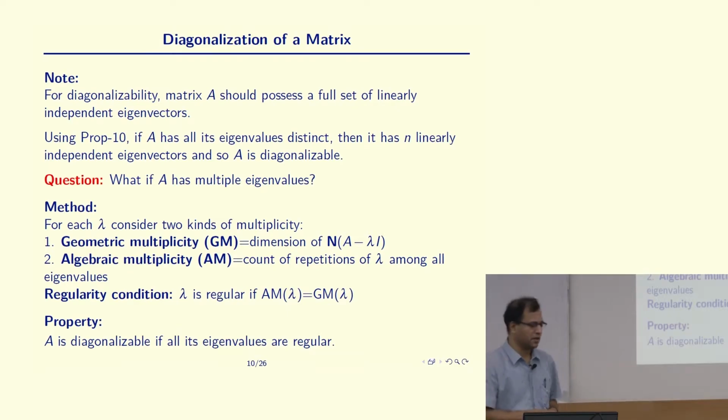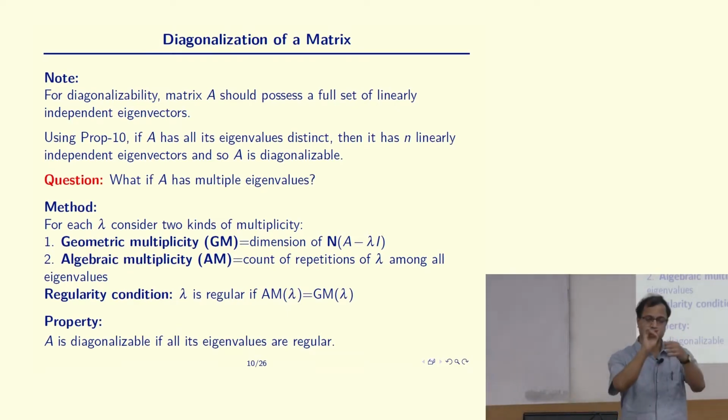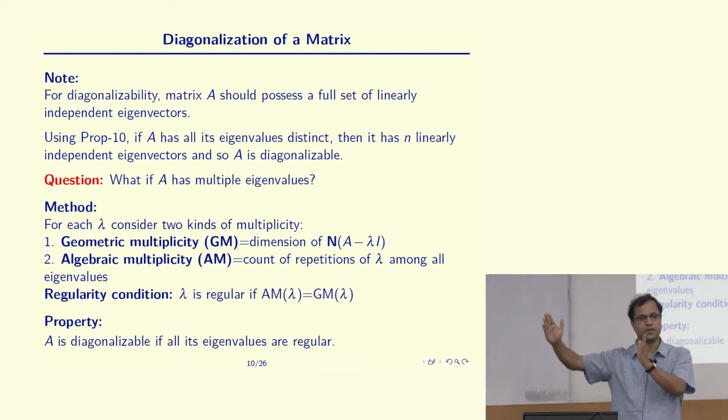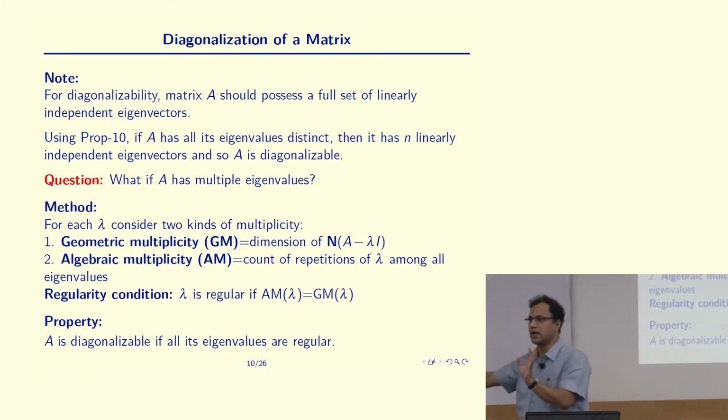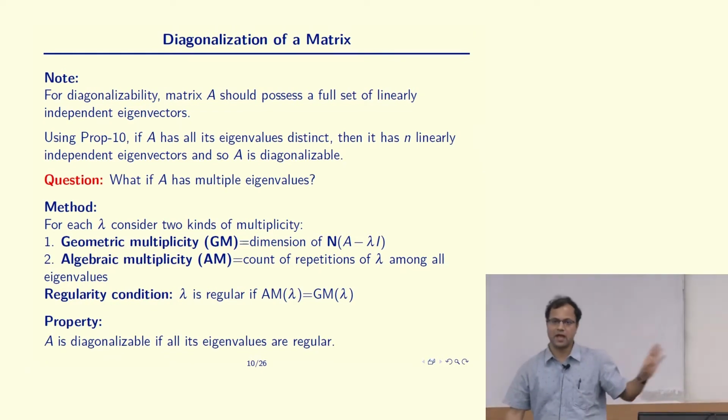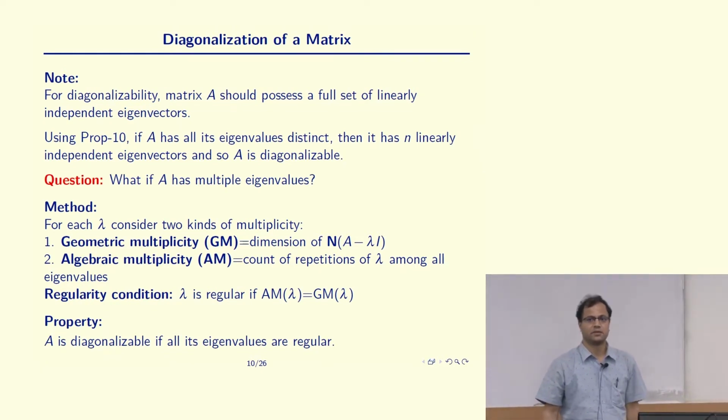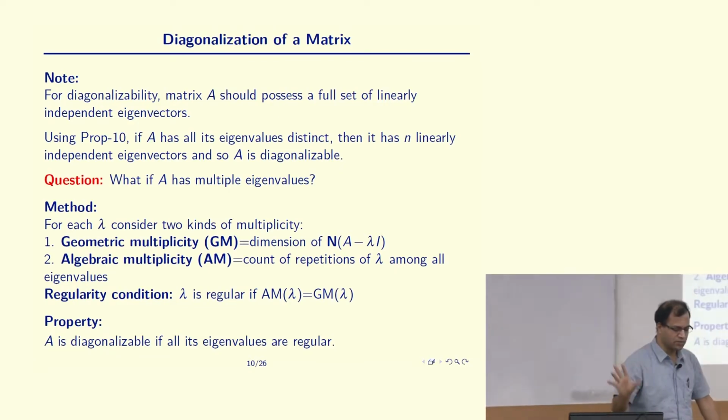But in some cases, even if lambda is repeated say m times, if we are able to find m eigenvectors, then we'll have a full set of linearly independent eigenvectors for Rn, right? So in that case, we are able to diagonalize the matrix.